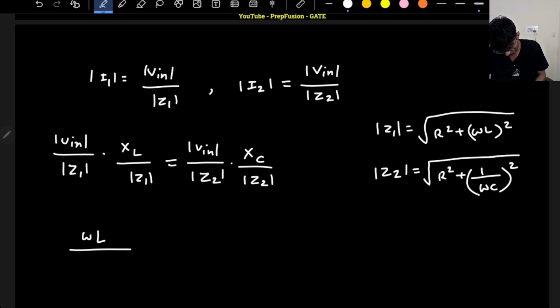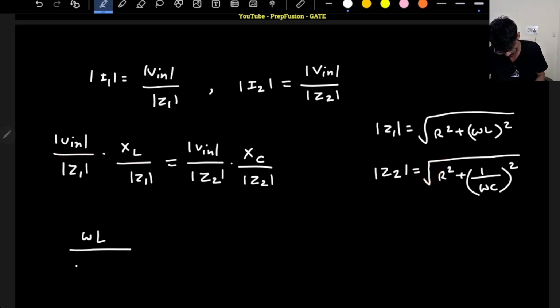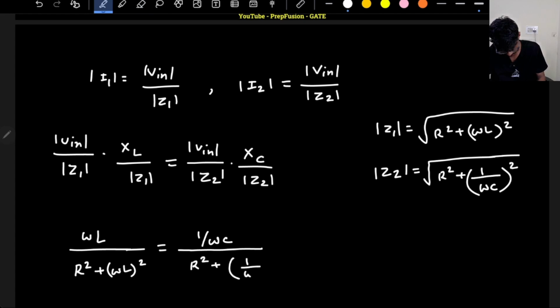So this will be omega L divided by magnitude of Z1 square, so the under root will go away, and this will be only R square plus omega L whole square, equals 1 by omega C divided by R square plus 1 by omega C whole square.